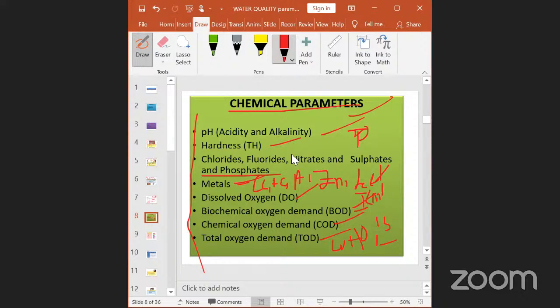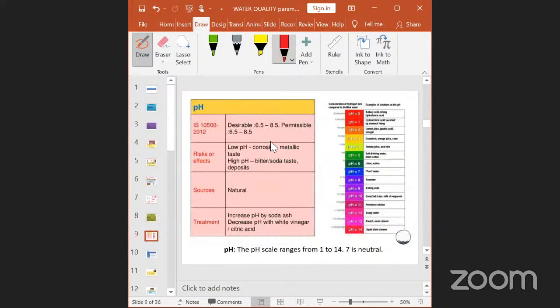So the chemical parameters associated with the content of the water include pH, hardness, chlorides, etc. The first one is pH. pH is a measure of the relative acidity or alkalinity of the water.